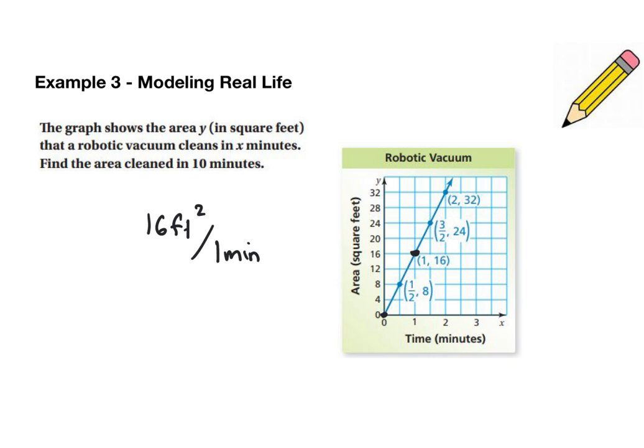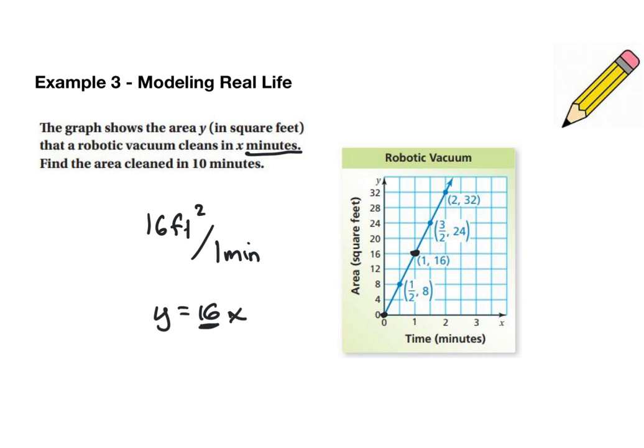That's called the constant of proportionality as well. So an equation of the line could be written like this. Y equals 16 times X, because X stands for minutes. So for every 1 minute, the robot vacuum is going to clean 16 square feet.